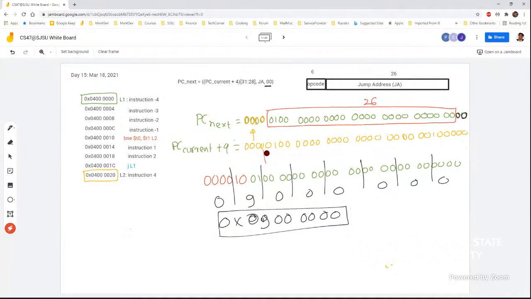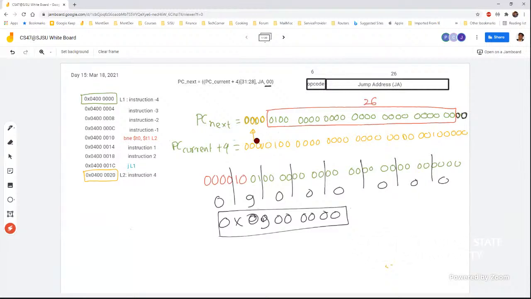If that is the case, then you need to be very careful. But most of the cases, at least for the small example programs, these bits are basically the same as the PC current. PC current and PC current plus 4 most of the time have the same bit pattern.